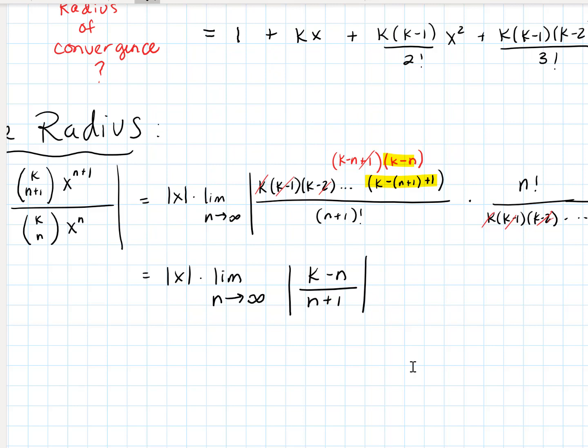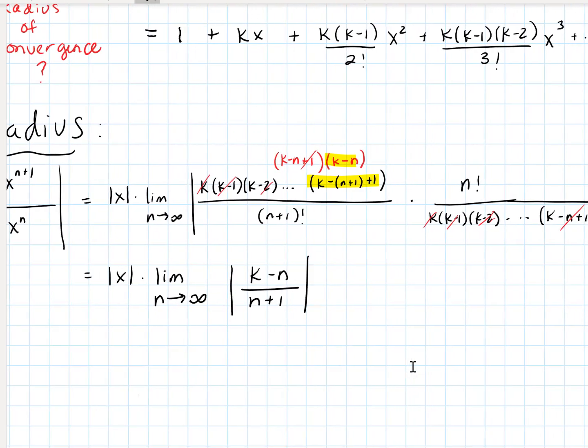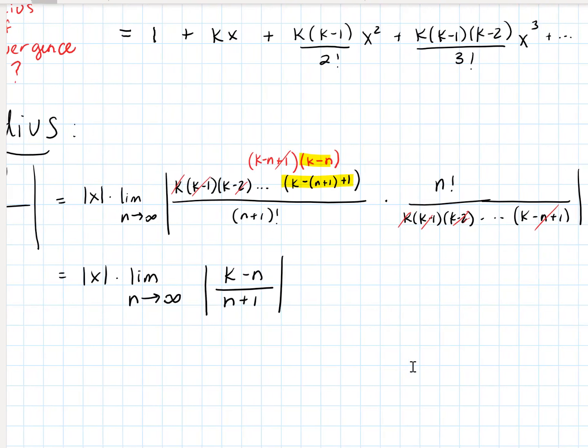That's all I end up with. And so that is in absolute value. I can't drop the absolute value because we don't know if k is positive, negative, fractional, whatever. We don't know in this proof. We have let k be any real number. So we'll leave it in the absolute value. This is going to become the absolute value of x, and then the limit as n goes to infinity.